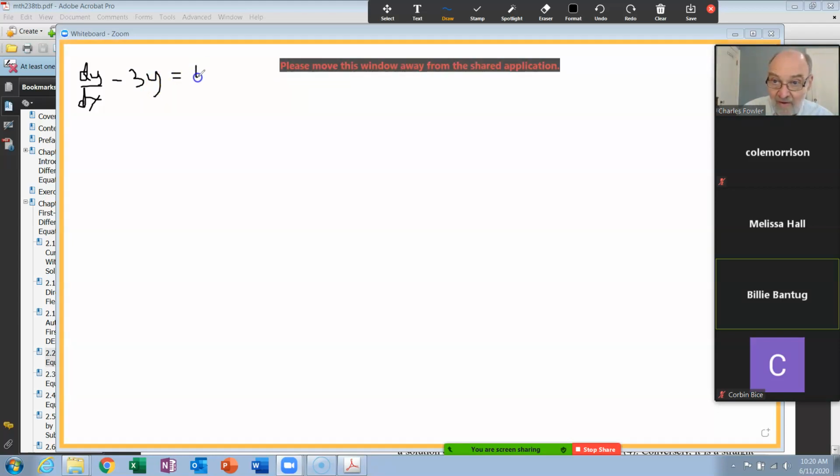Now that looks an awful lot like the last problem, doesn't it? Only difference is we've got a 6 there rather than a 0.